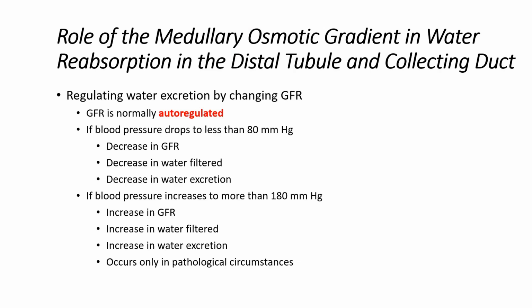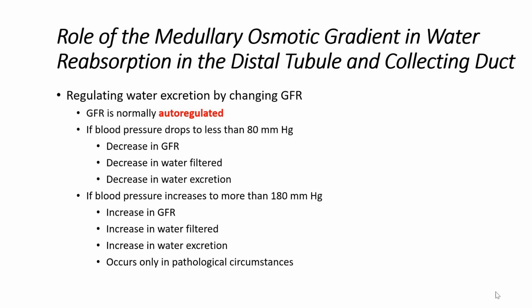So this is to say that we're not just going to keep filtering the same amount of fluid if blood pressure drops dangerously low. So if it's below 80, this is a time to say, okay, we got to drop GFR as a way to compensate, hold on to more of that fluid as a way to help preserve that blood volume.